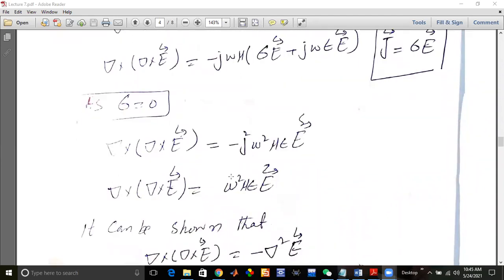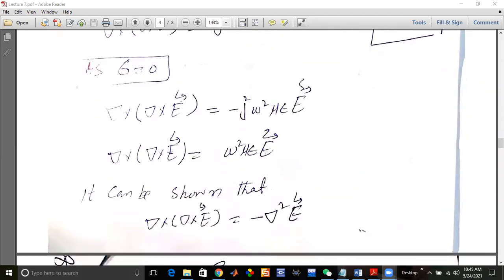Here the curl of curl E is this. Now you know these are the sub quantities from the EMF point of view.